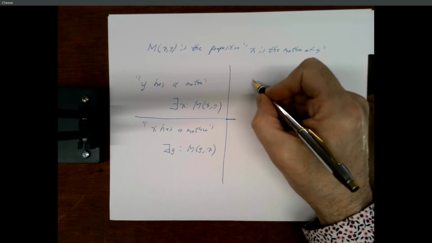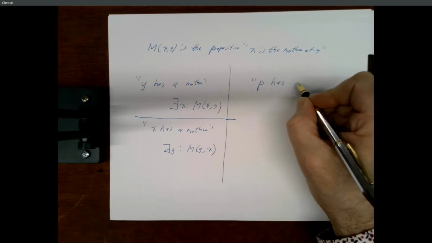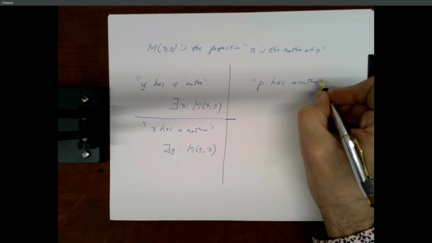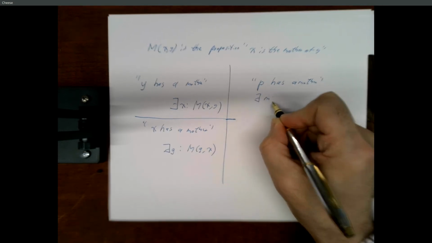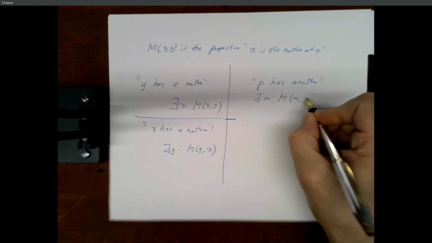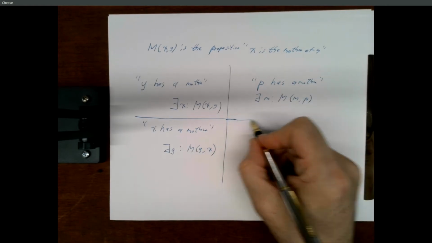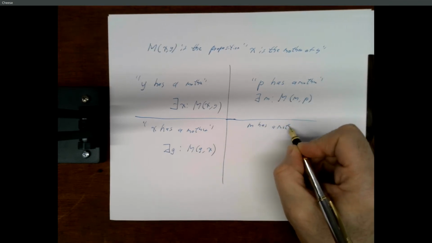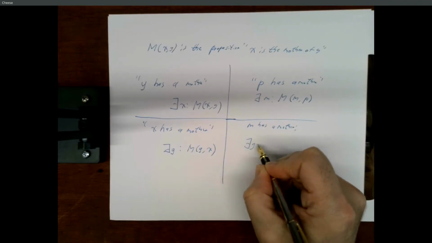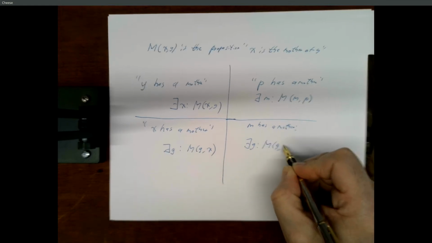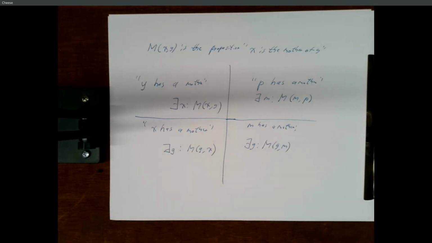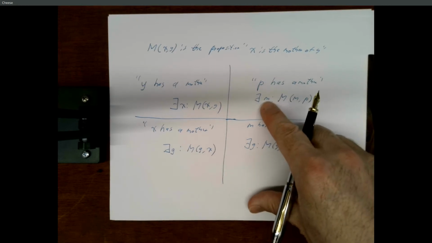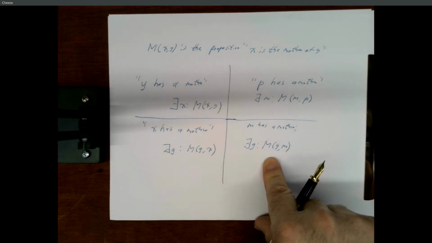Let's show that a person P has a mother. I'm going to say there exists an M such that M is the mother of that person. And to show that M has a mother, I'm going to say there exists a person G such that G is the mother of M. And to show that a person P has a grandmother, we need to show that they have a mother and that that mother has a mother.